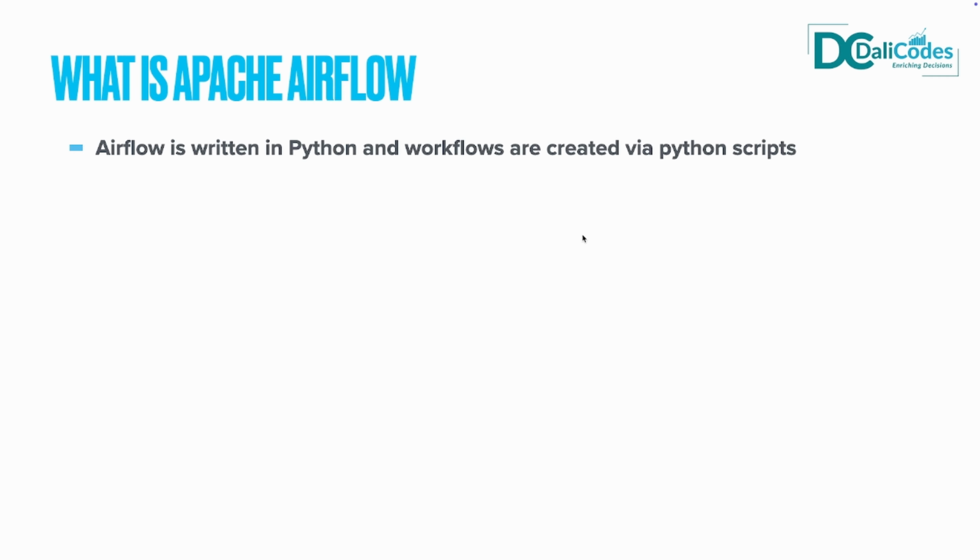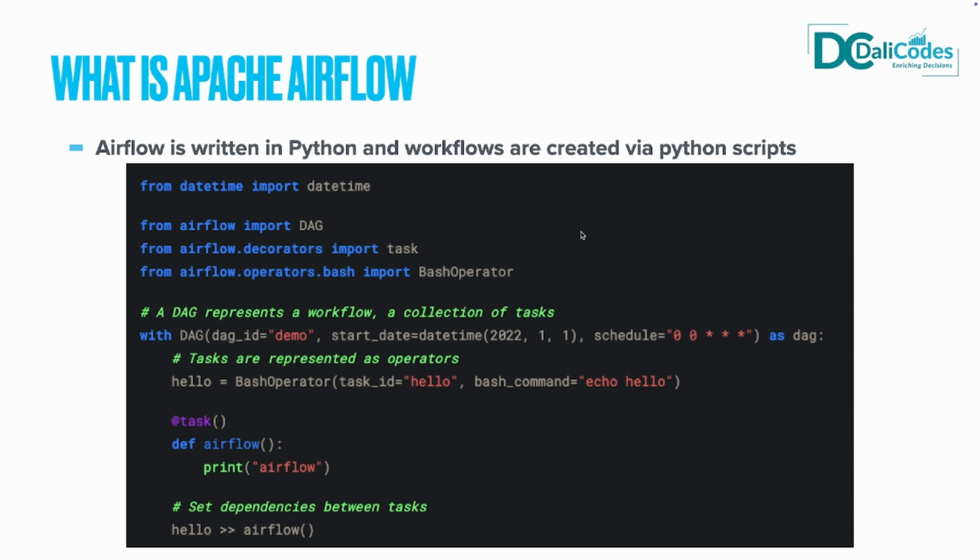So I've said that Airflow is written in Python and the workflows are also created in Python scripts. You have to, again, understand Python to continue with this course. If you don't have basic understanding of Python, pause here, go learn Python, then come back and then learn Airflow.